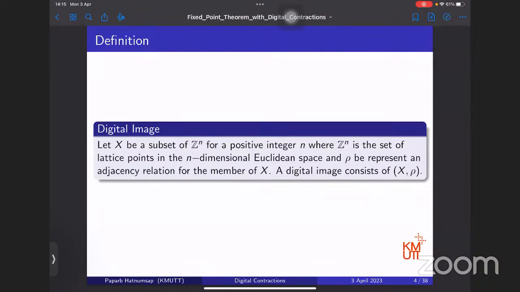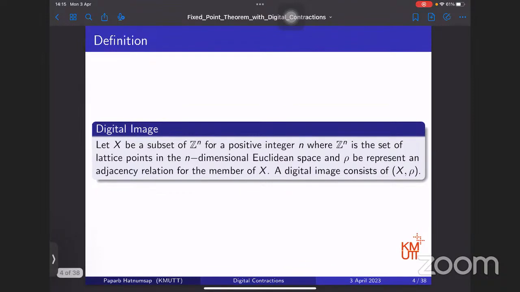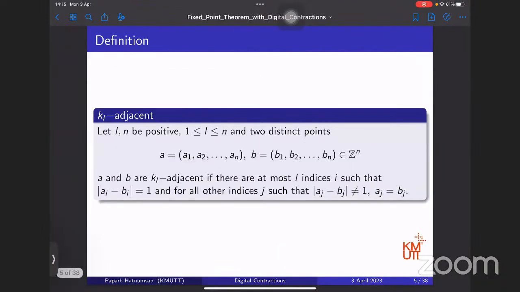A digital image consists of X and rho, where rho represents the adjacency relation of the members of X. So we will talk about adjacency. We say A and B are k_l adjacent if they differ in at most l indices i, such that the absolute value of a_i minus b_i is equal to 1. At most l indices means you can have fewer than l indices, but not more. And for every other pair a_j and b_j, they must be equal.